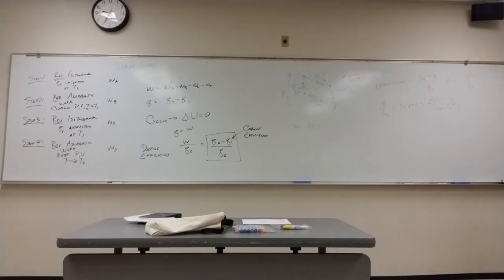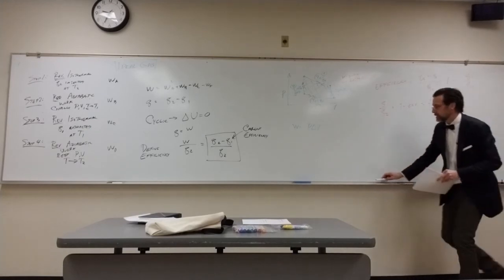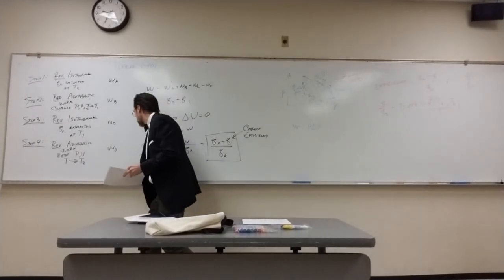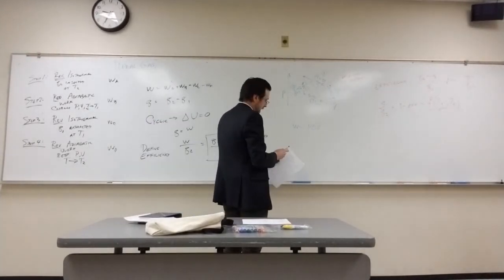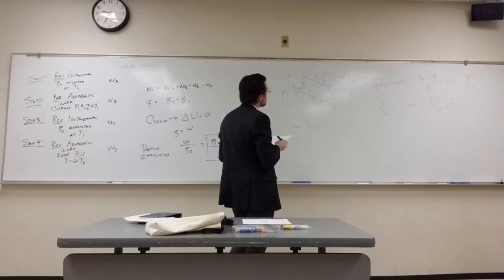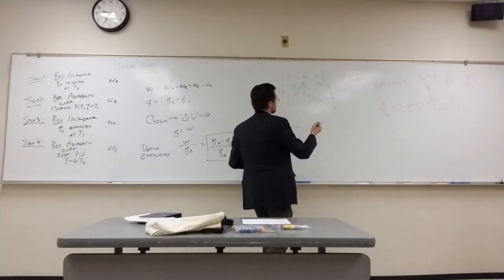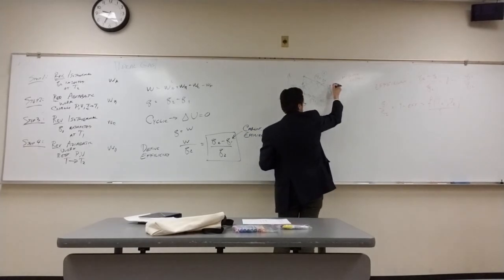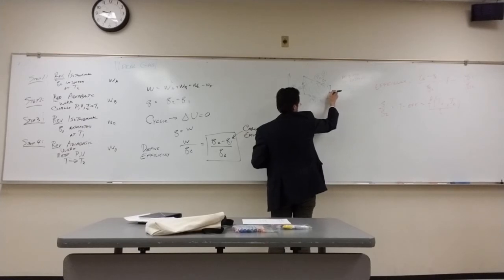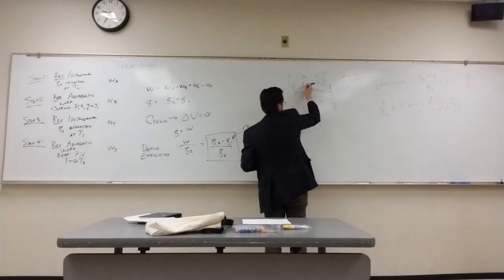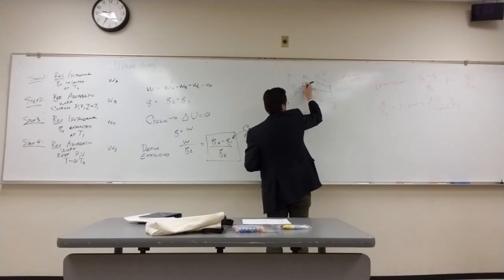The other thing that's worth noting is that where we have this, we could have also taken a different path, right? So we could have said, okay, well, I'm going to perform a work, but only this much work is going to be done. And then I'm going to go back here and then go up.